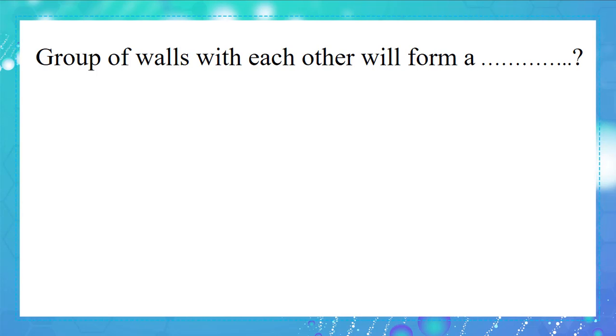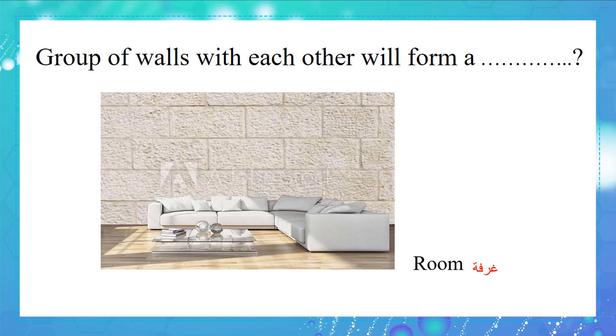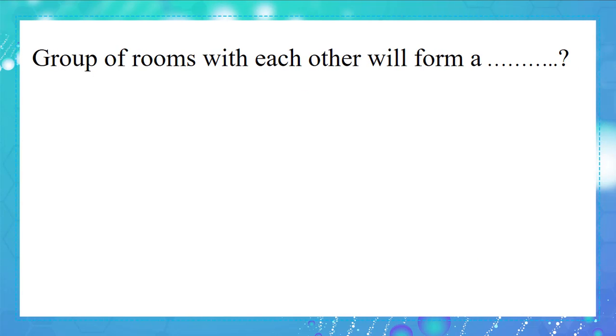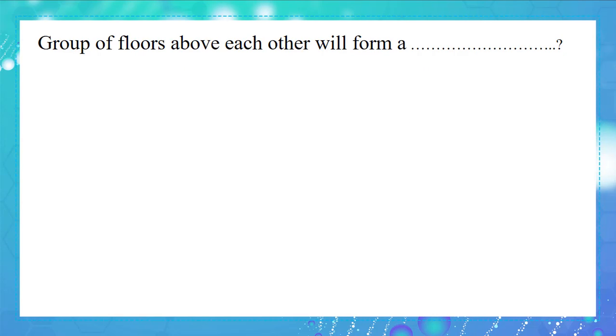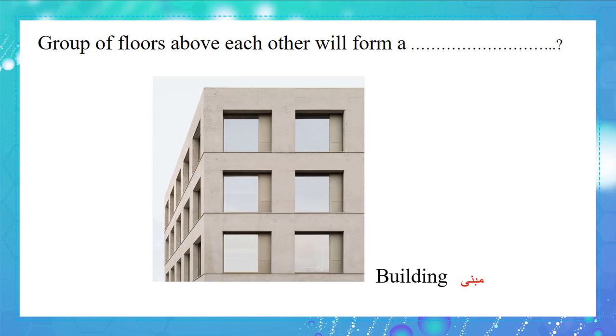Group of walls with each other will form a room. Group of rooms together will form a floor. Group of floors above each other will form a building. And that's how we construct a building from the beginning, from the lowest level till we reach a building.